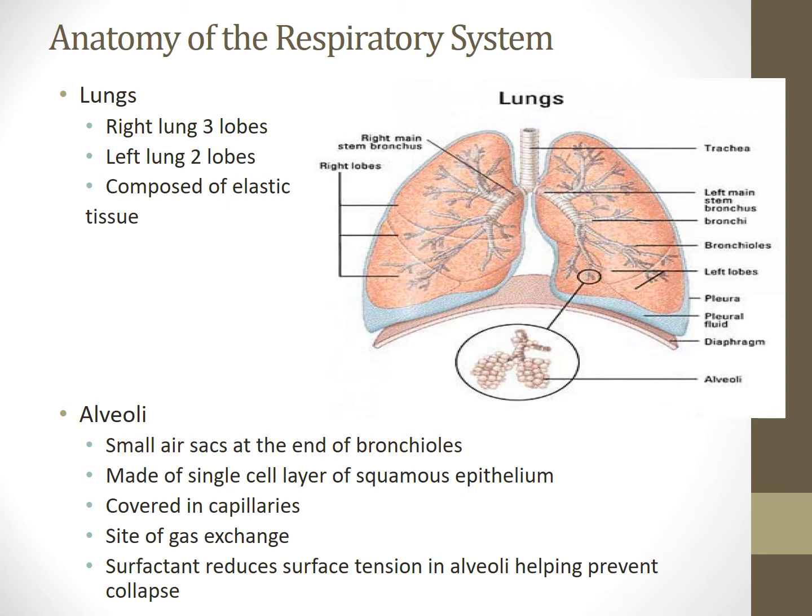We'll talk about that in a few slides down. We also have alveoli, which are small air sacs at the end of the bronchioles. They're made of a single cell layer of squamous epithelium. They're covered in capillaries, and this is our site for gas exchange. Surfactant reduces surface tension in our alveoli, helping prevent their collapse.